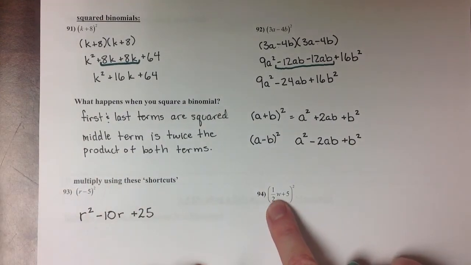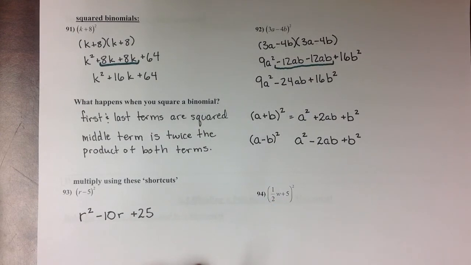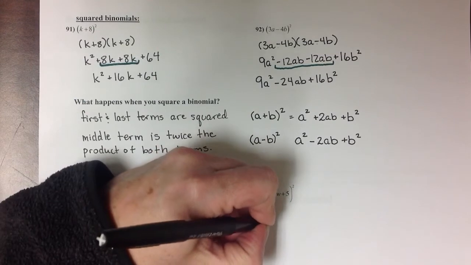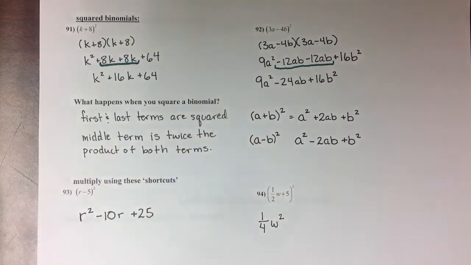Doing this one, I square the first term and square the last term, so this becomes 1/4 w squared. Be careful, I see a lot of students just calling this 1w, but we're not taking 1/2 and adding 1/2, we're taking 1/2 and multiplying 1/2, which is going to come out 1/4. Leave some space.